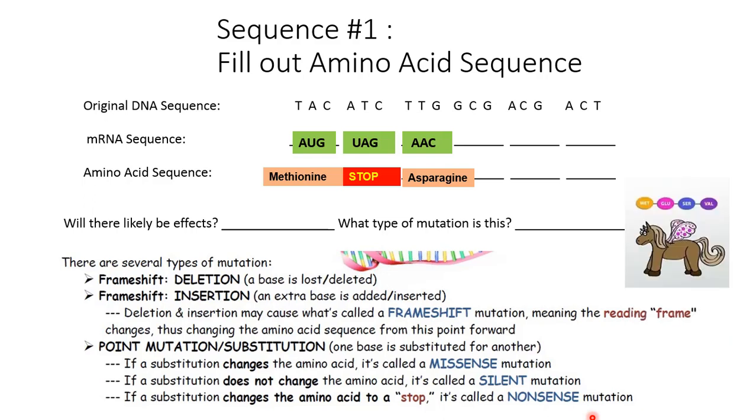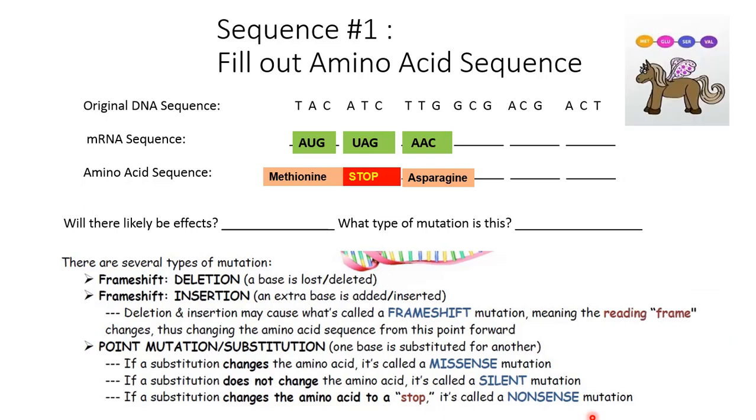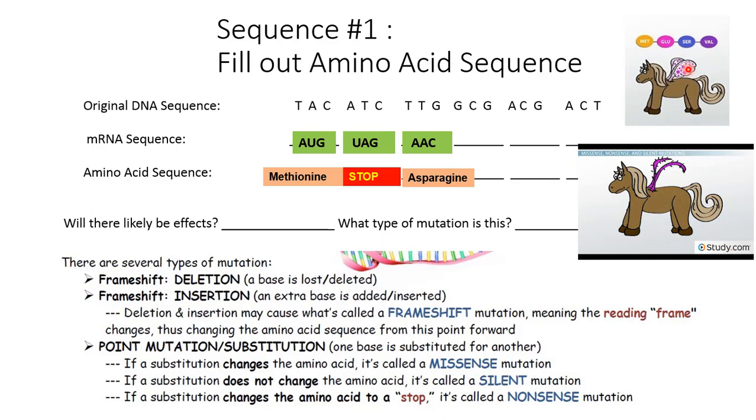So here's what our thing might have looked like. This sequence was coding for wings with spots on it. Well, would there be an effect? Yes. If we stopped the sequence, then this feature would not be made at all. It would just be stopped. So it might look like this now.